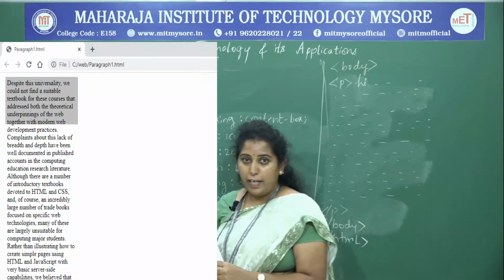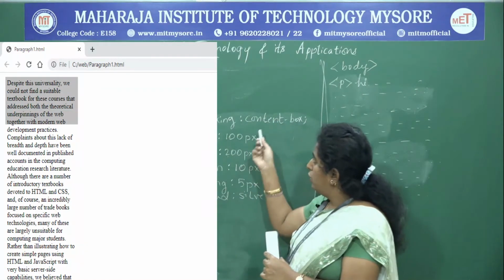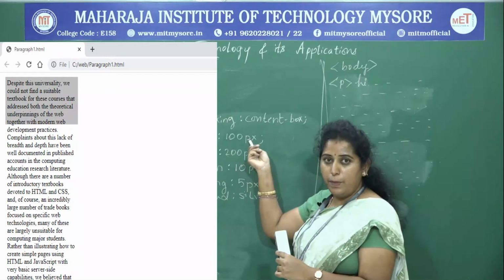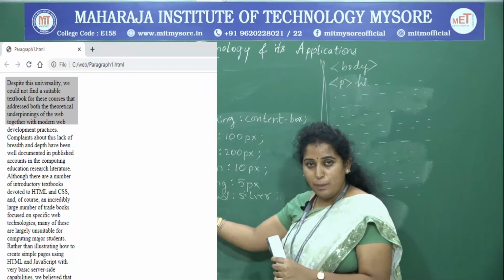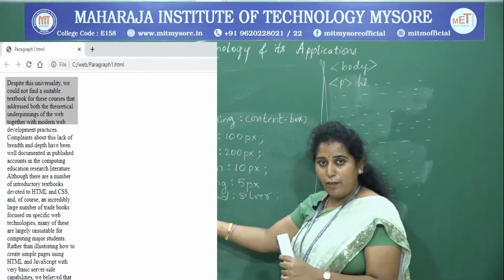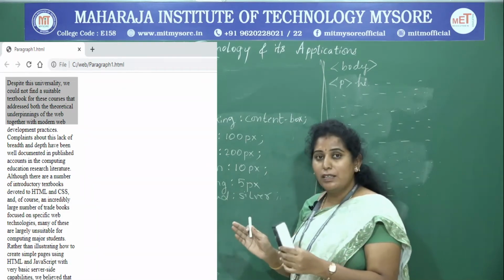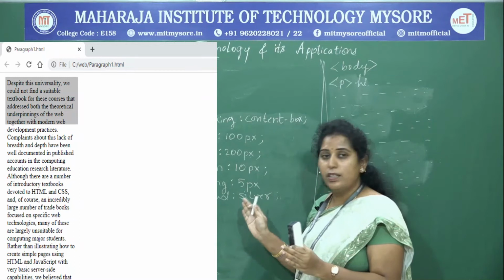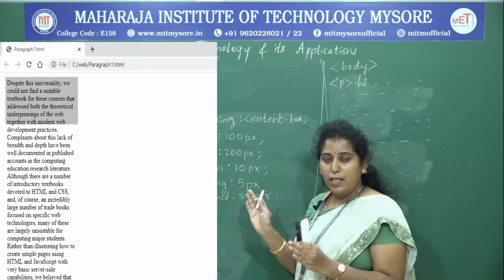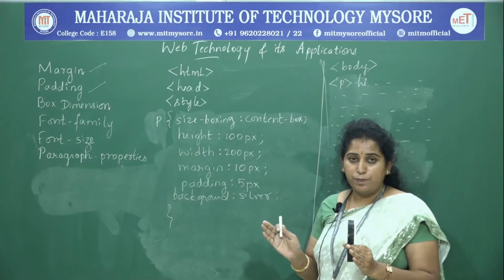Okay, see, the background color silver is there for the content box, which has a height of 100 pixel, and the text of the paragraph overflows. It is restricted to height 100 pixel and width 200 pixel. Getting what I am telling? So this is box dimension.